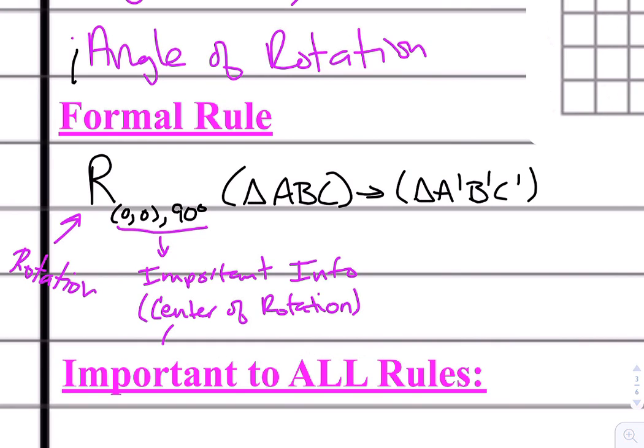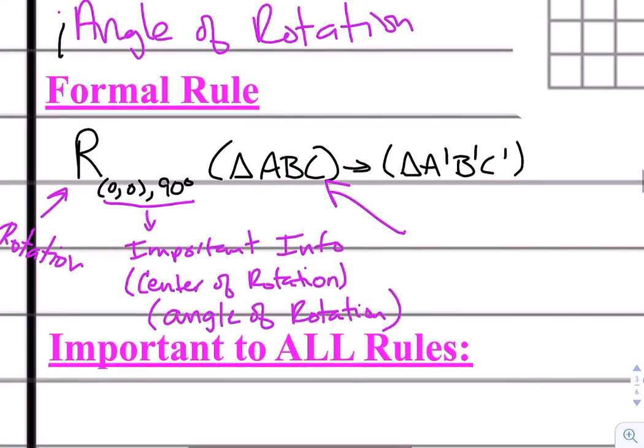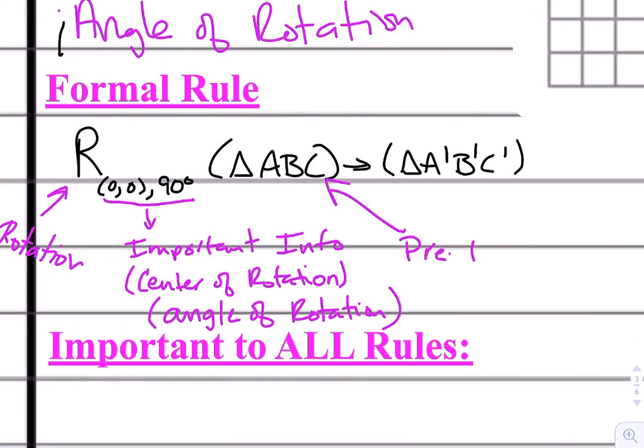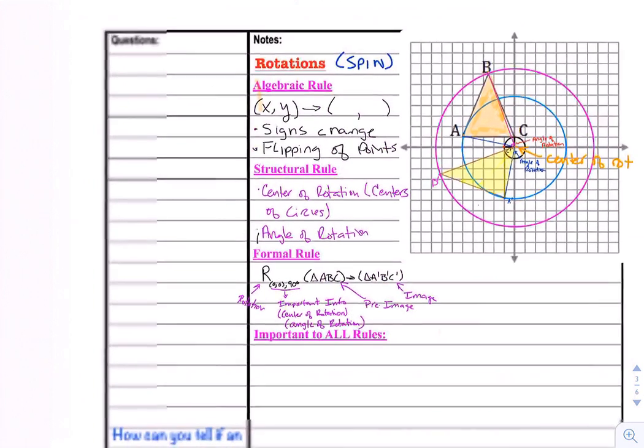Okay, and then the angle of rotation. And those should be, of course, the same. Okay, and that takes the pre-image and takes it to the image, which is just like the copy.